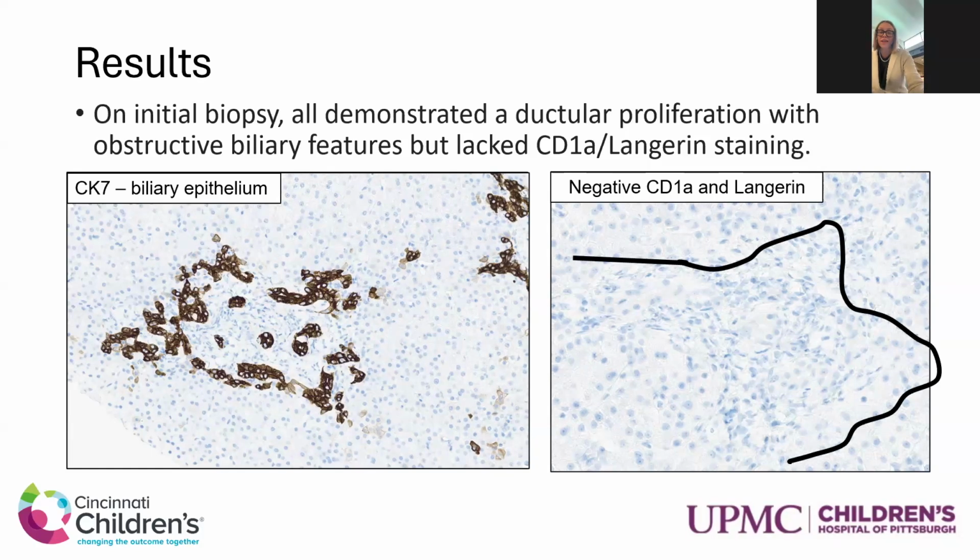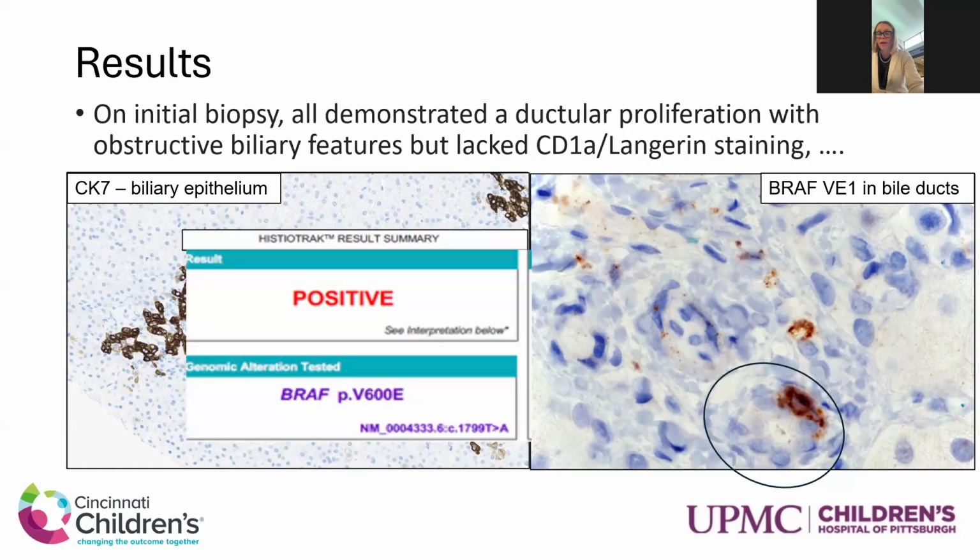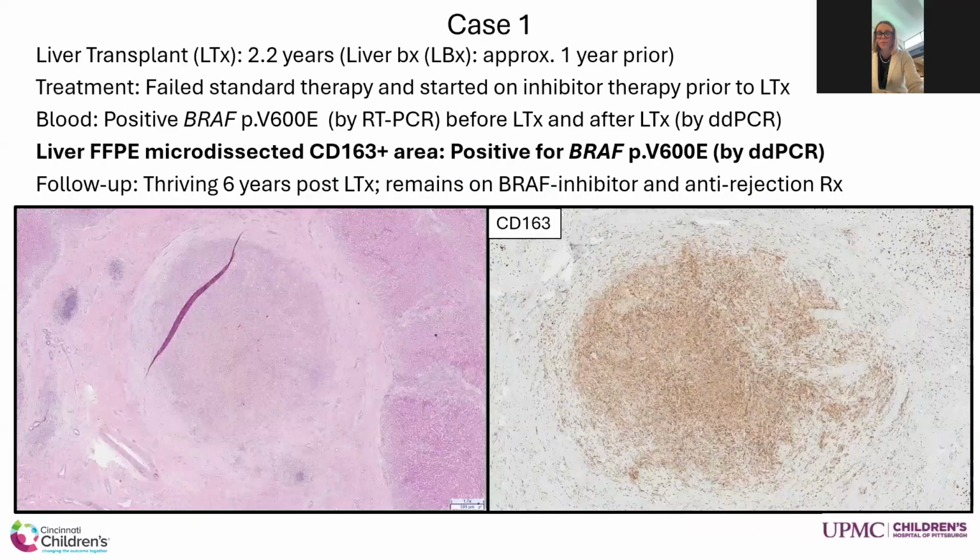Now, I will say that in a known LCH patient with this pattern, it is diagnostic of disease. In rare cases, we can see that BRAF VE1 in the bile ducts, and in our cases, we did demonstrate that. If you can see in that counterblue stain, this is a bile duct profile with a mutant cell infiltrating it. And in some of these cases, it was confirmed with the ddPCR.